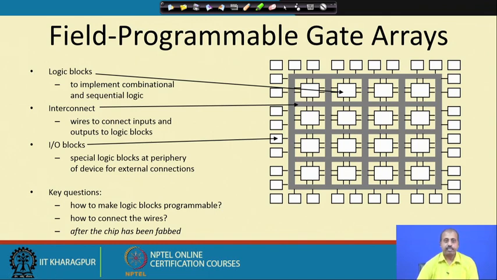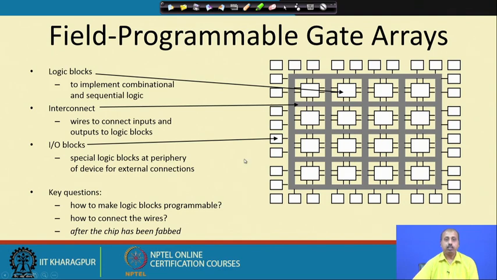The questions that we have are, first of all, how to make these logic blocks programmable. I said that there may be some sort of logic elements there, but those logic elements may be programmed to have different combinational and sequential functions implemented. Then how to connect the wires, like I was saying that I need to connect the output of this logic block to the input of this logic block. How do we establish the connection?